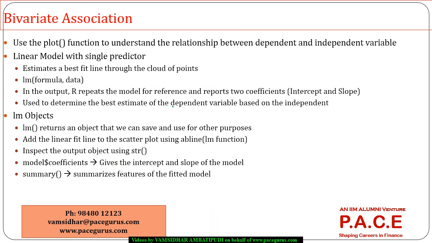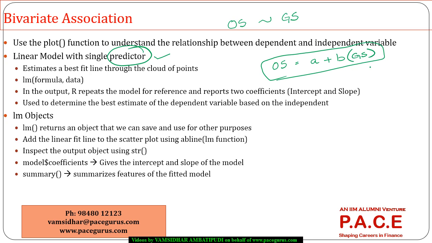Then the next part is how to get into a linear model using a single predictor, which means I am trying to model the overall satisfaction taking the games related satisfaction as the input. So overall satisfaction is equal to some A plus B times the games related satisfaction. This is a simple linear model.